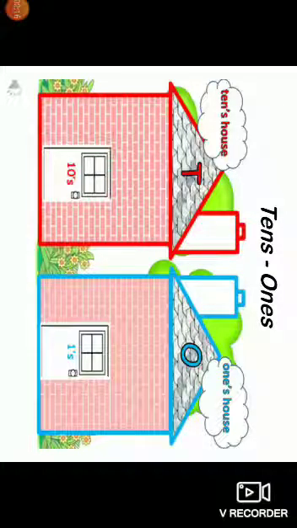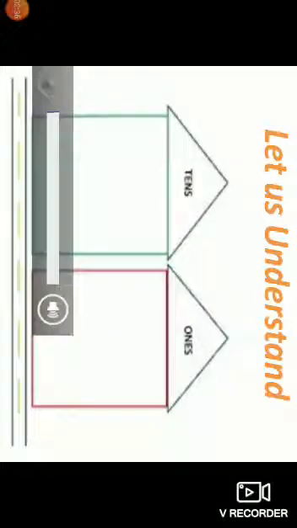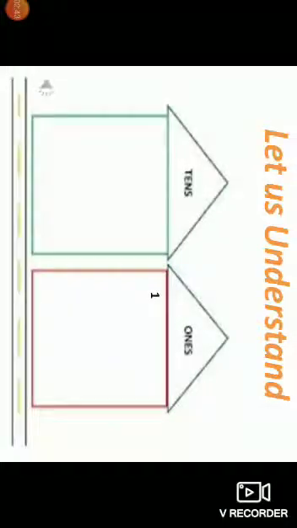See children, I have taken here the example of two different houses. One's house and ten's house. Now, let us understand what the rules are for staying in one's house and for staying in ten's house. Firstly, number 1 comes and asks to stay in one's house.